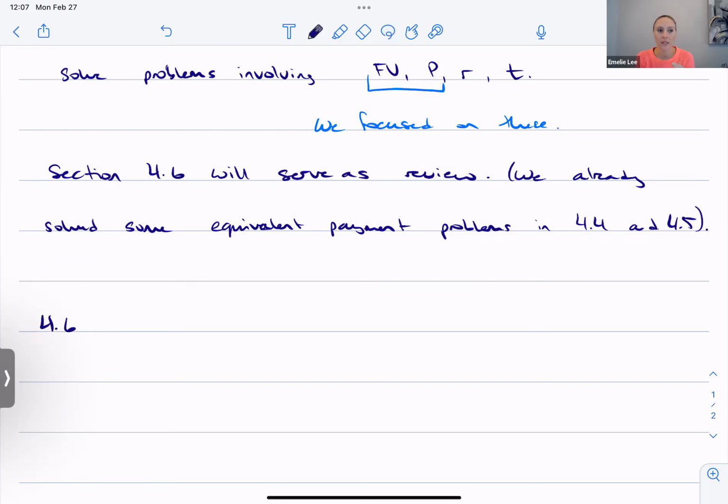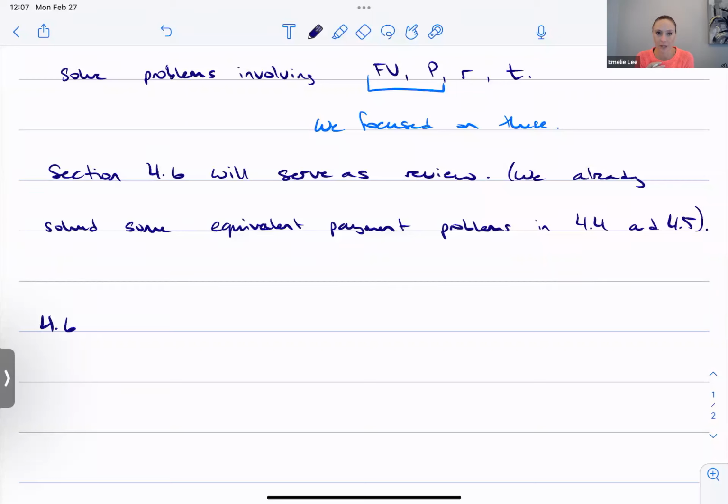One thing to note is that these concepts are going to come up again when we move into chapter 5. The only thing that changes in chapter 5 really is how we calculate the interest rate, and how the interest rate behaves.